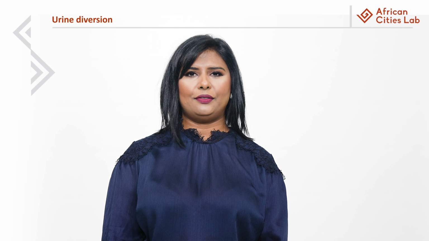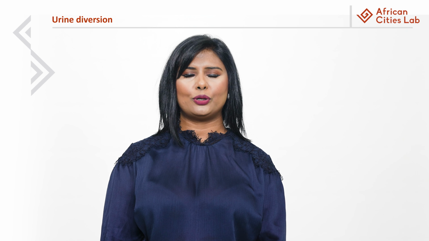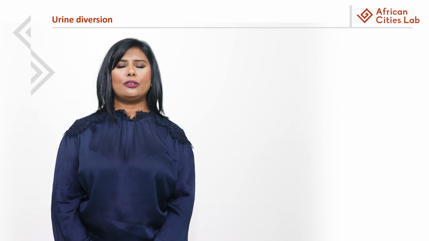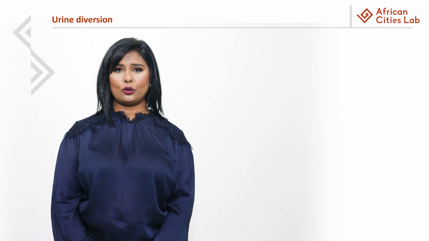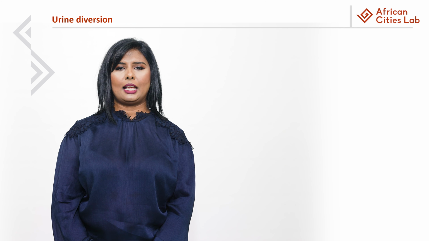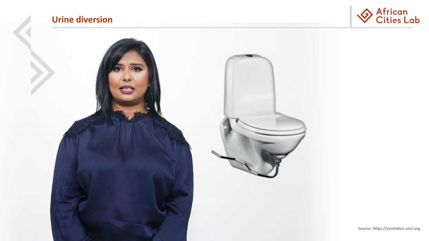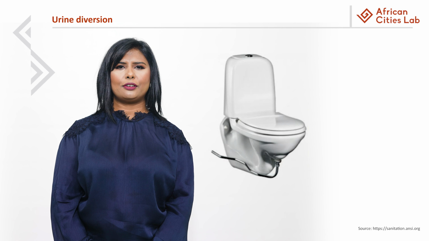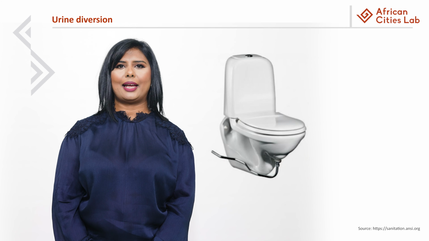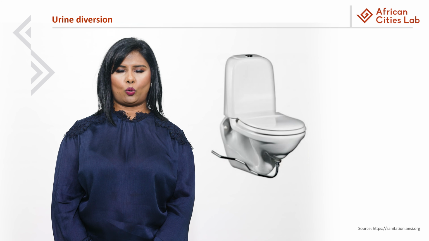Another possible design feature on the front end is the combination with urine diversion. Urine diversion can be applied to flushing toilets as well as dry toilets. Some of these applications have been illustrated here, designed differently for various mechanisms of anal cleansing, such as wipers, those who use toilet paper, and washers, those who use water.